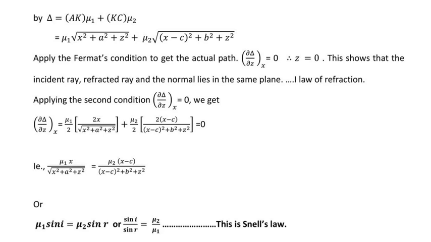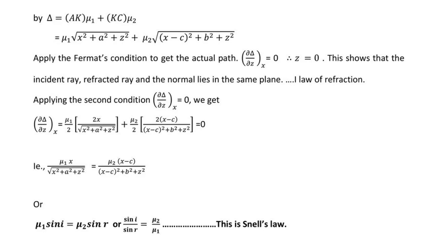∂δ/∂x at constant z equals mu1 by 2 times 2x over the square root of x squared plus a squared plus z squared, plus mu2 by 2 times 2(x minus c) over the square root of (x minus c) whole squared plus b squared plus z squared, which is equal to 0.